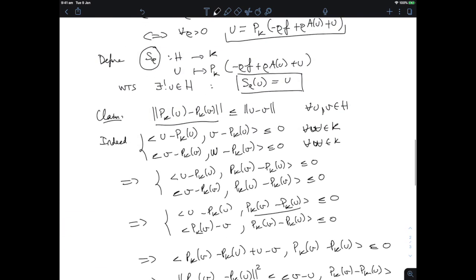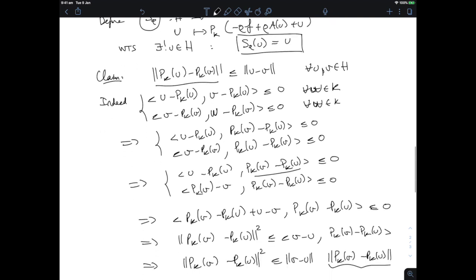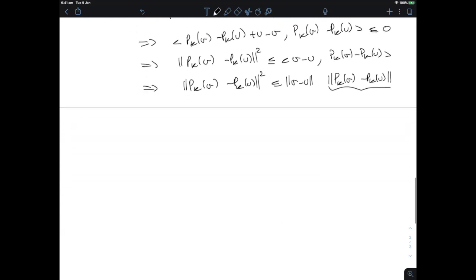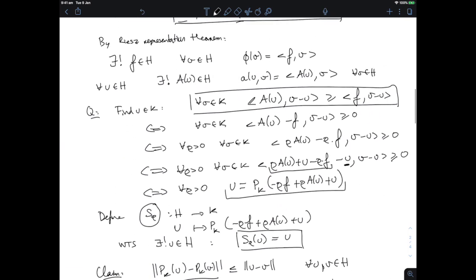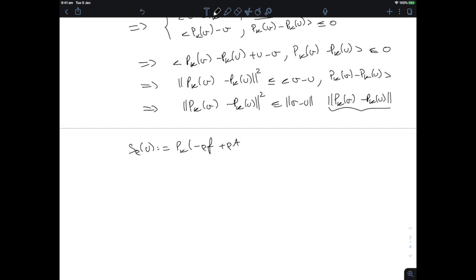And let's have another look at the definition of S_rho. I'm claiming that this is going to help show that S_rho is a strict contraction for an appropriate choice of rho. Now, indeed, let me remind you that S_rho of u is, by definition, P_K of minus rho times f plus rho times A u minus u.